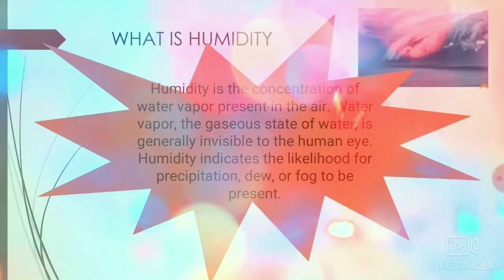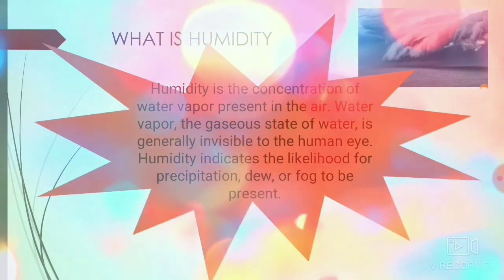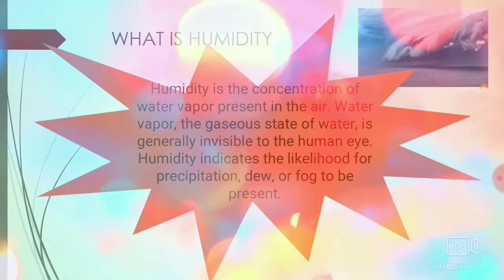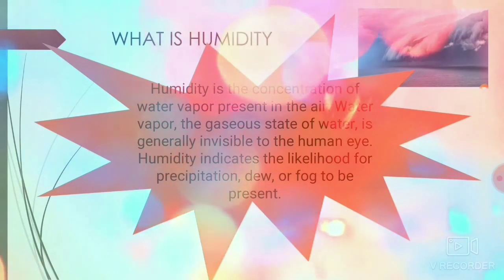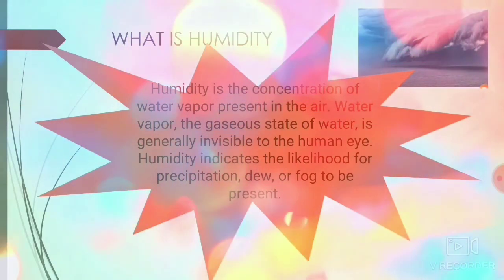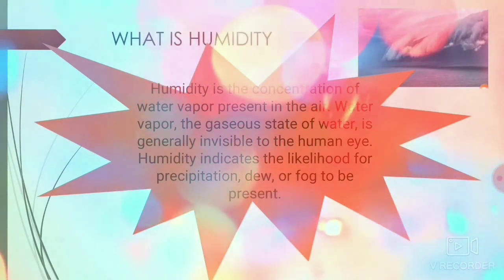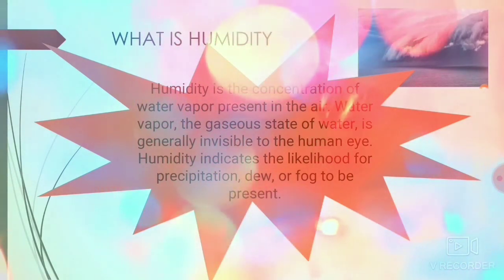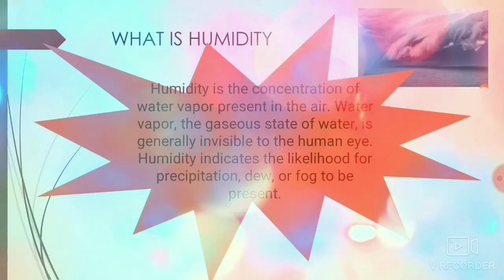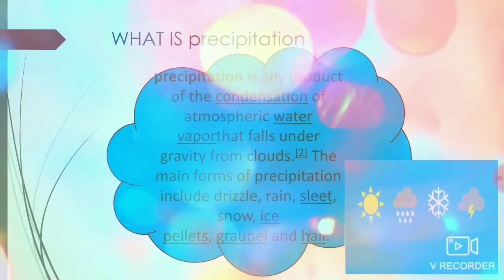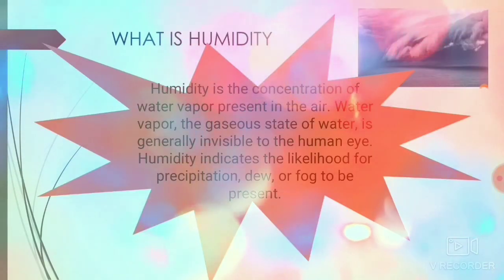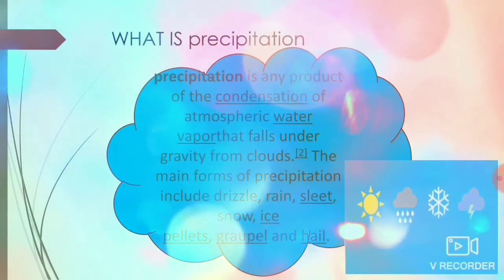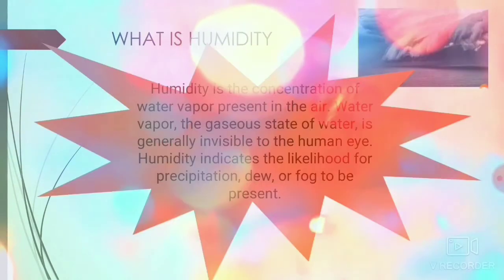Friends, do you know what humidity is? Humidity means the amount of water vapor in the atmosphere. And this water vapor, like I told, for the process of precipitation, reaches the clouds and falls as rain.